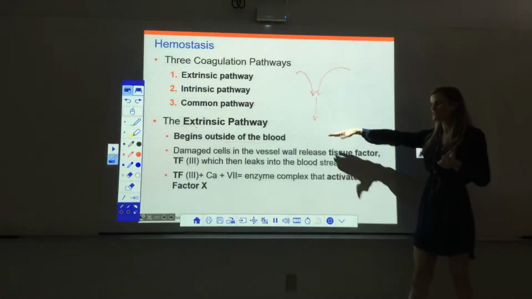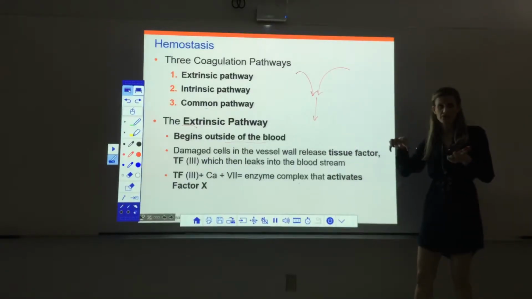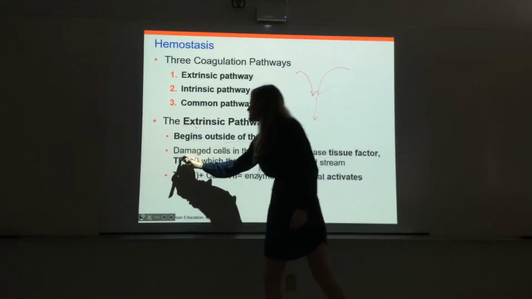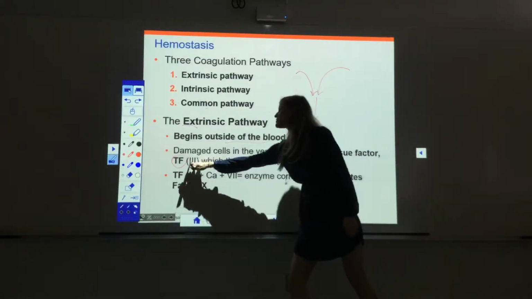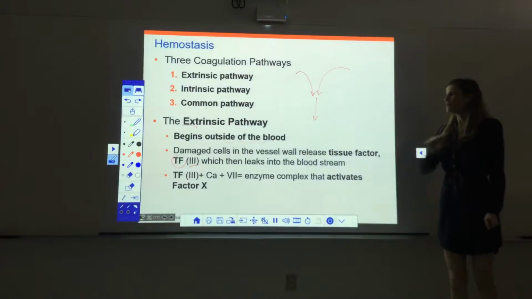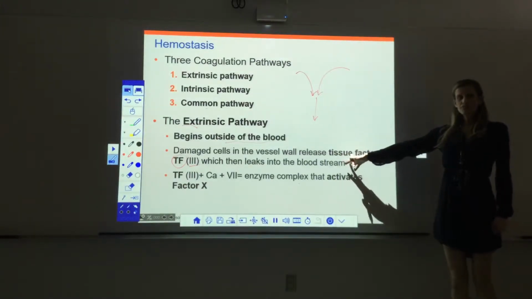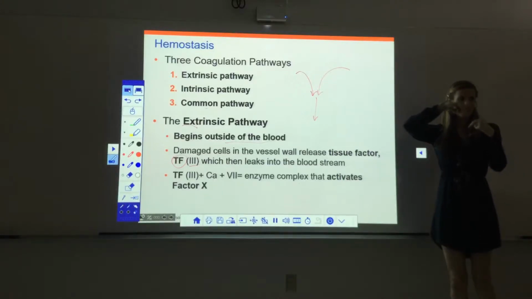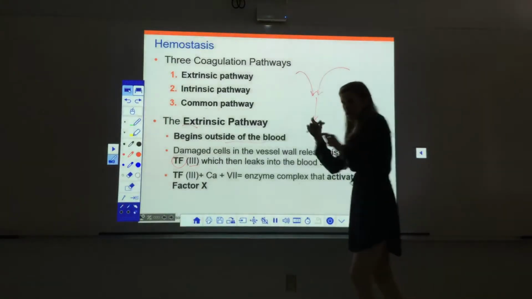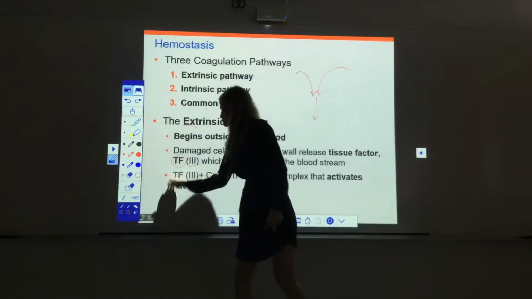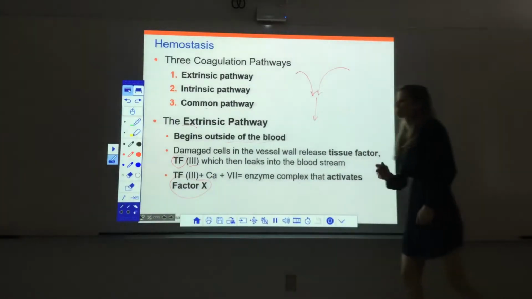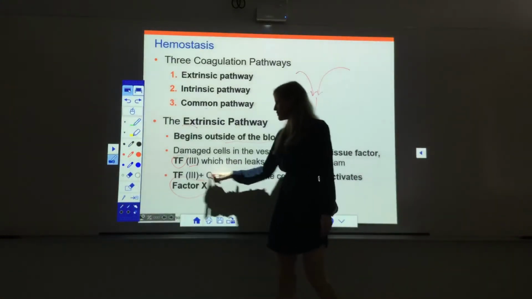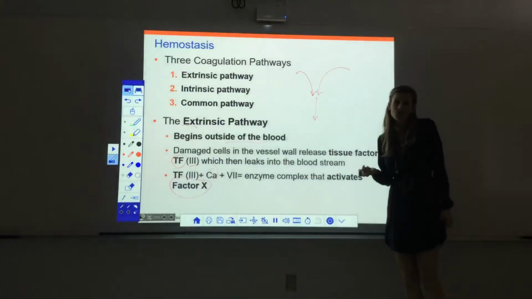This begins outside of the blood in either the tissue or the vessel. What happens with the extrinsic pathway is that tissue factor, which was factor 3, leaks into the bloodstream. It combines with multiple other factors, and together they catalyze the reaction to produce factor 10. Remember I said calcium was involved in both the extrinsic and intrinsic. Calcium is really important for clotting.